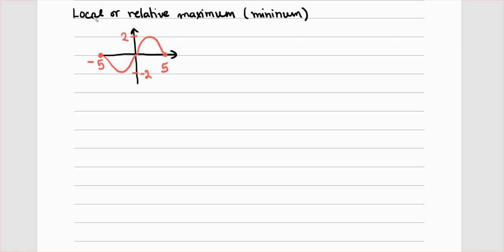So when we ask you to find the local or the relative maximum or minimum, we're talking about the y values on the graph. Okay, so keep in mind we're talking about the y value on the graph.